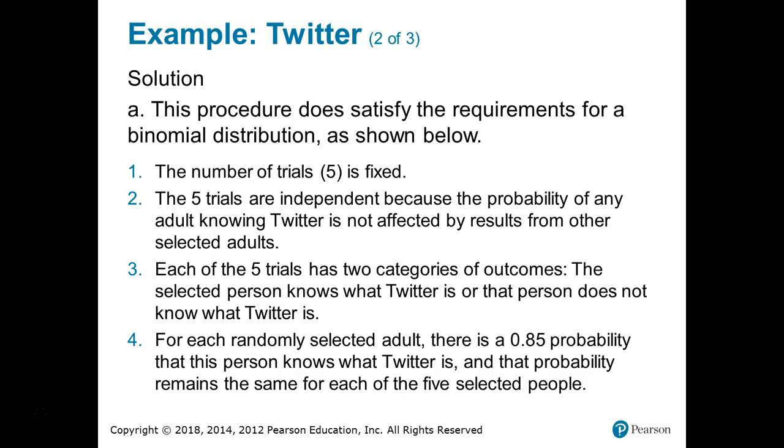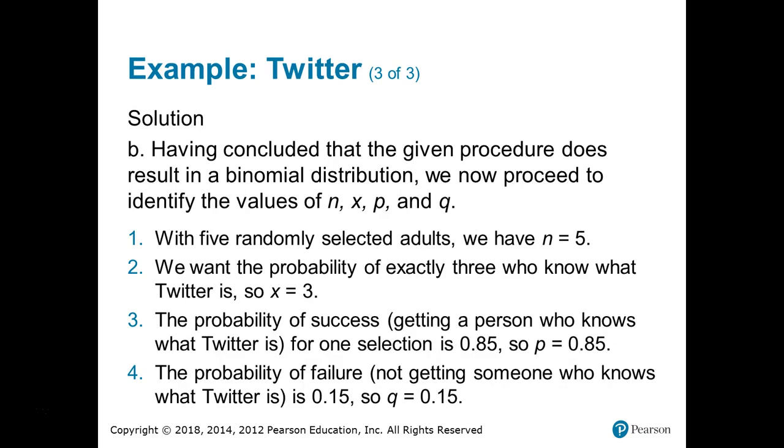Either they know what Twitter is, or they do not know what Twitter is. So we'll say that knowing what Twitter is a success, and not knowing what Twitter is a failure. So 3 is satisfied. For each randomly selected adult, there is a 0.85 probability that they know what Twitter is. So that will remain the same for all the people. So yes, all 4 requirements are satisfied.